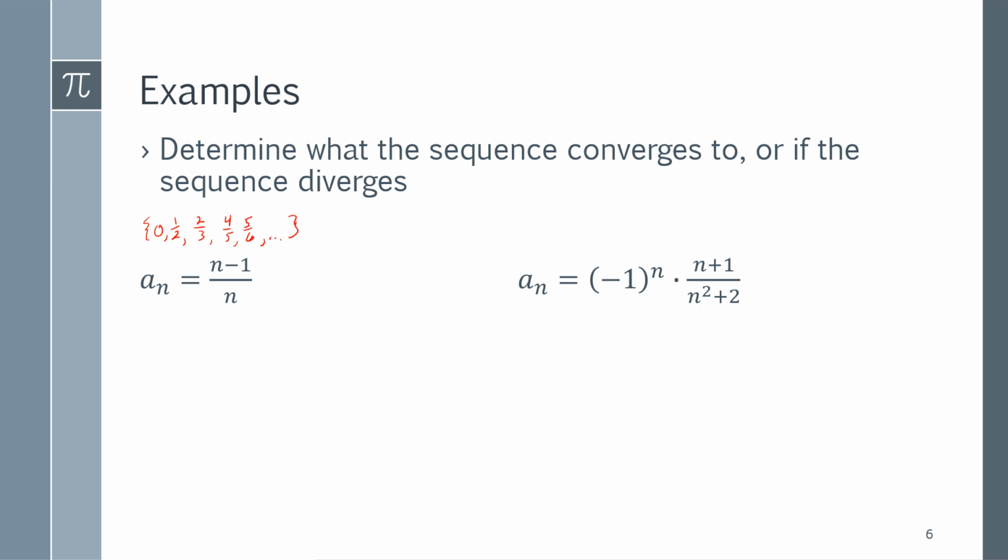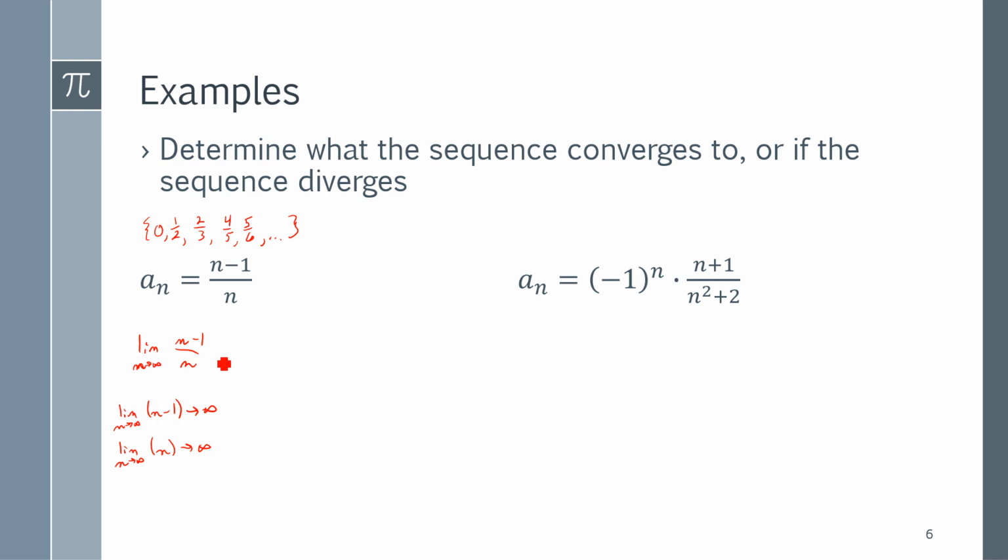Does it converge? To do that, I'm taking the limit as n goes to infinity of my terms, n minus 1 over n. Well, the limit of the top as n goes to infinity is infinity. The limit of the bottom as n approaches infinity of n is infinity.